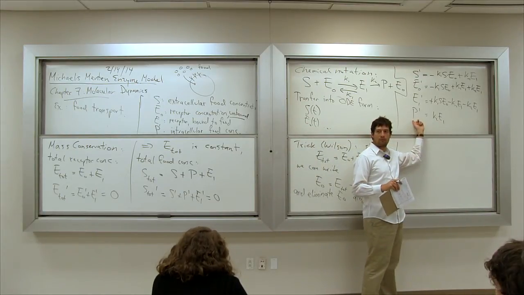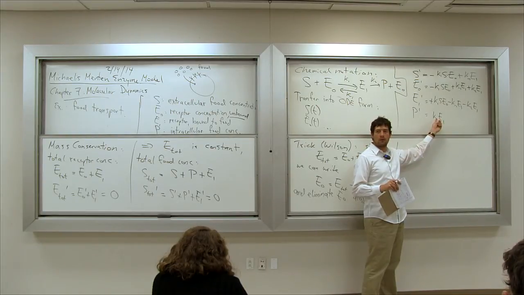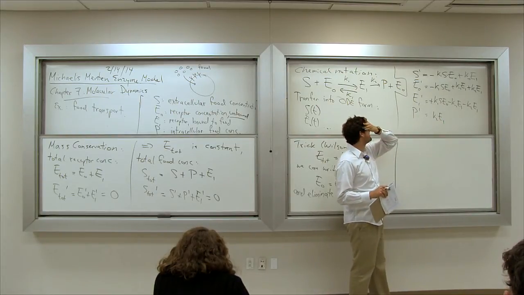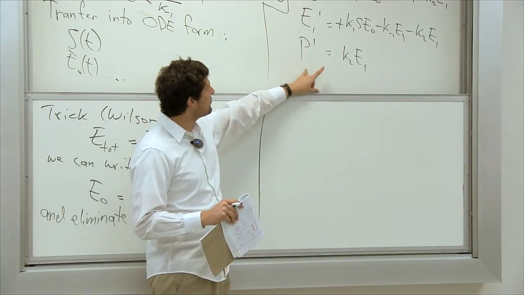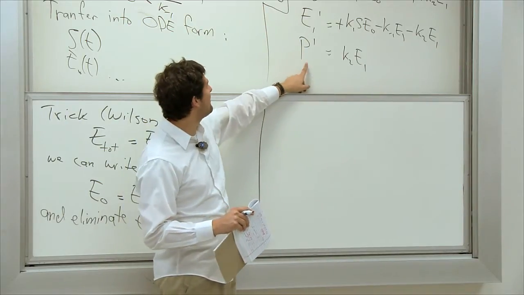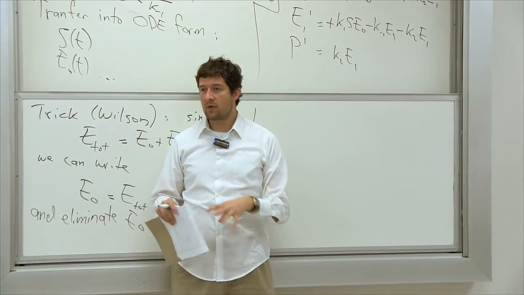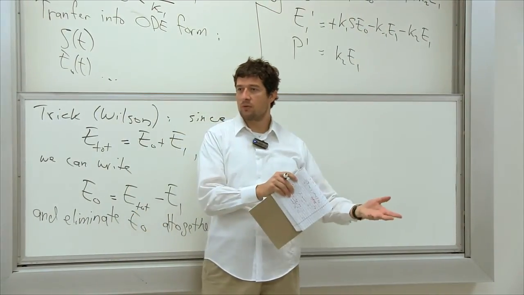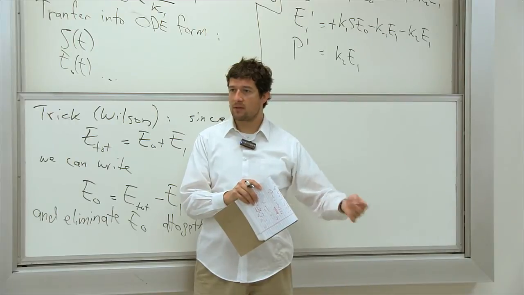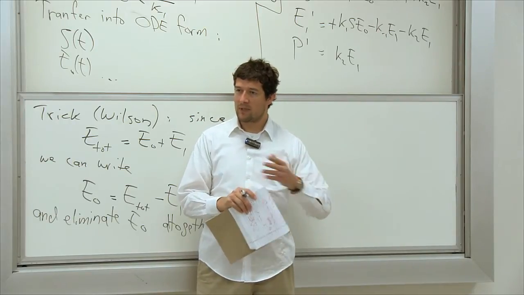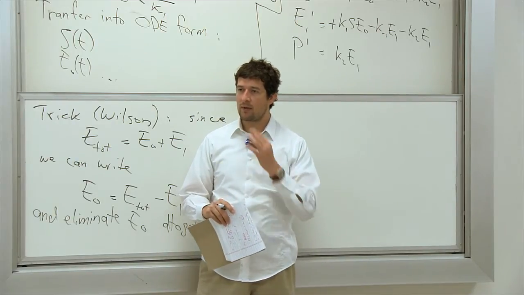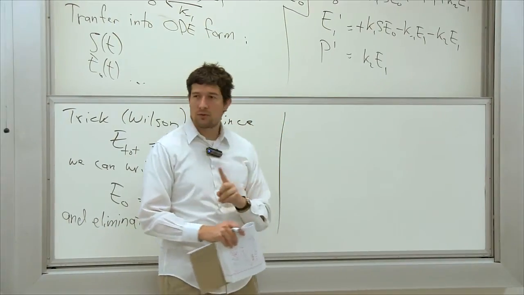Well, we can plug in P prime over K2 to get rid of E1. Yeah, I almost want to do it the other way around, because if we write a P prime showing up on the right side, it's not going to be of the form time derivative equal to a function of the state. There are going to be derivatives on the right. That's not the form we're used to having, right?